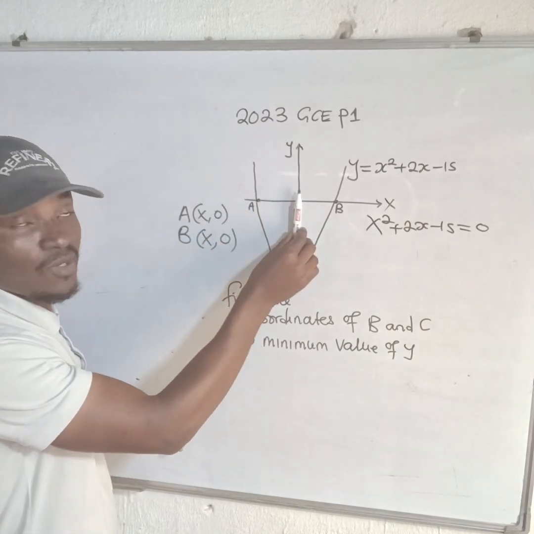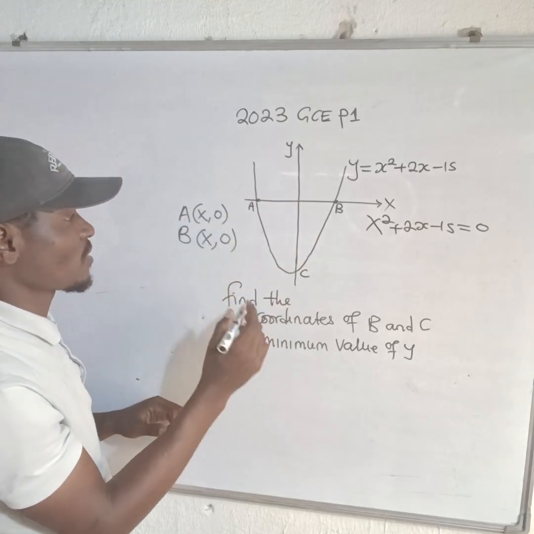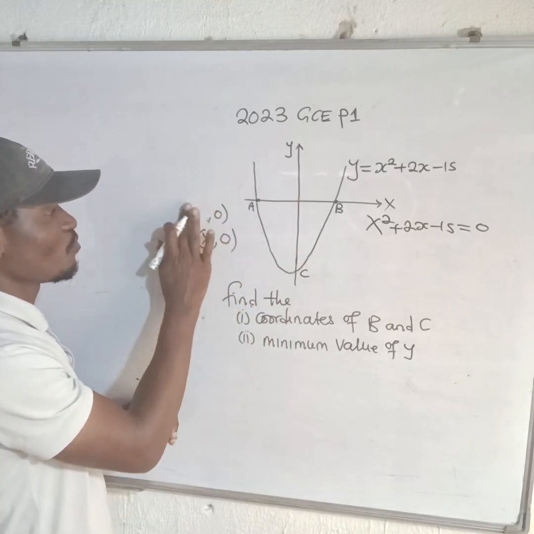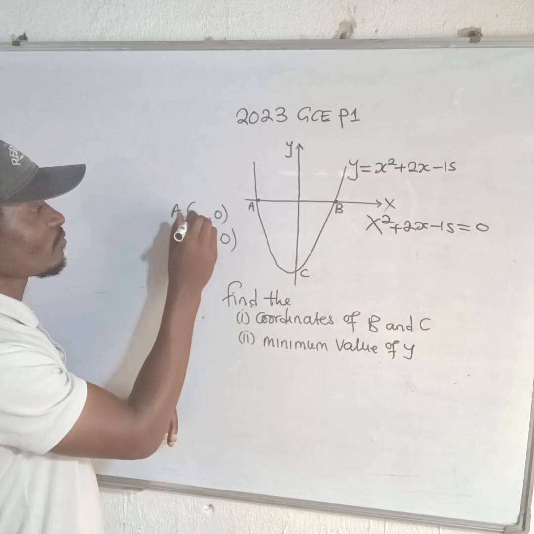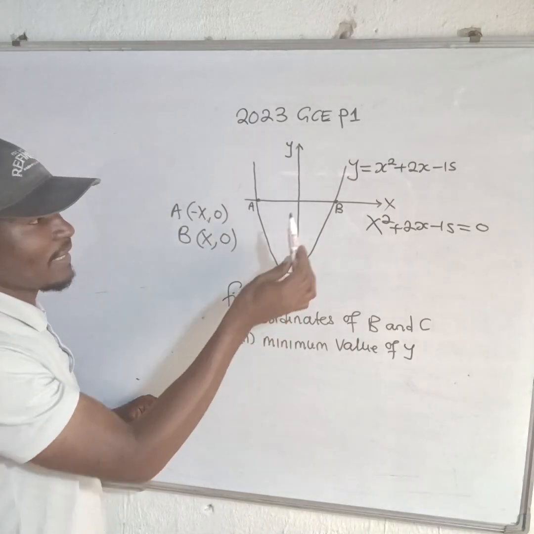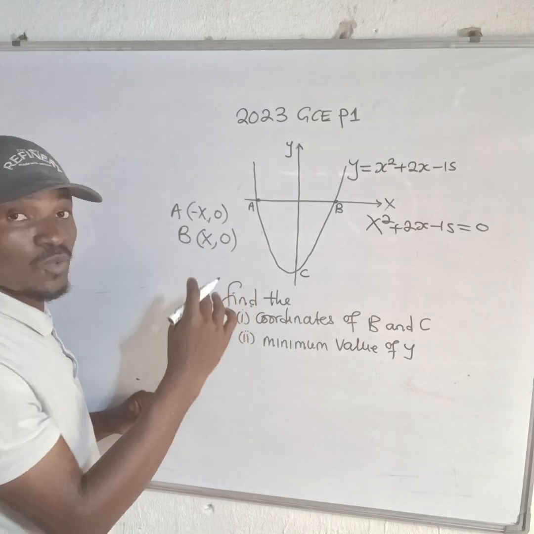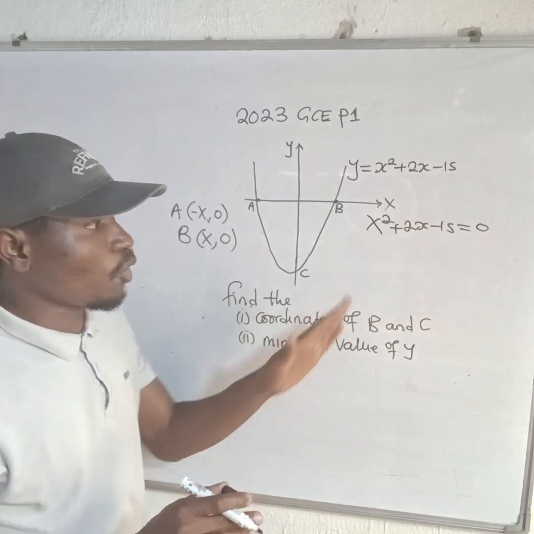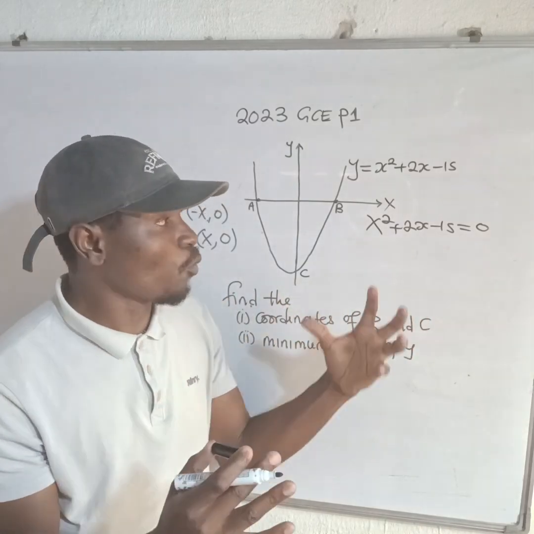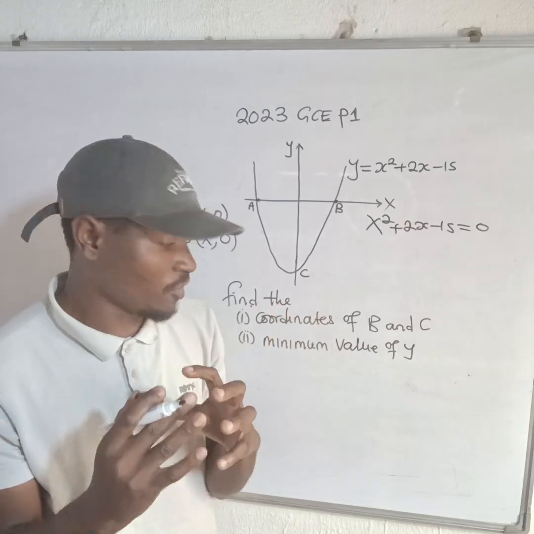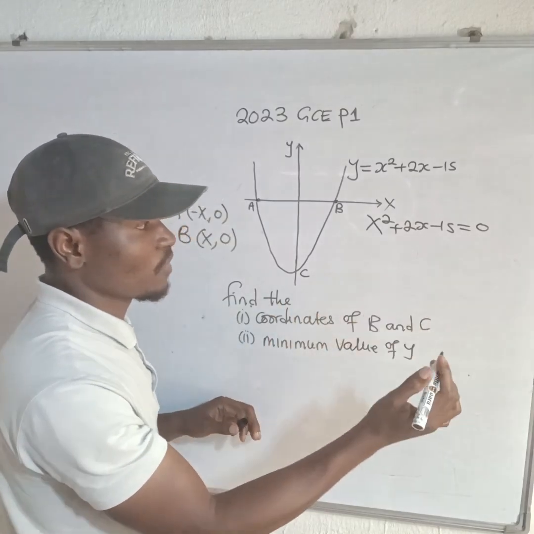Since A is on the negative side of the x-axis, it is going to be negative x, and B is on the positive side, so it is going to be positive. All we have to do is solve the equation using the factorization method.